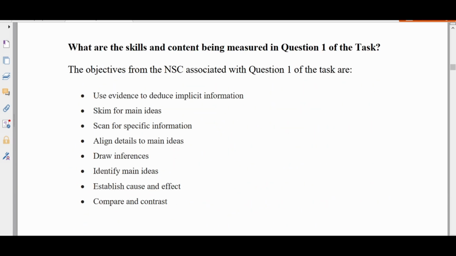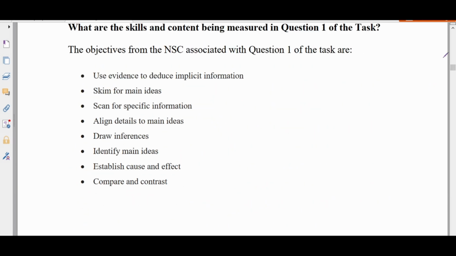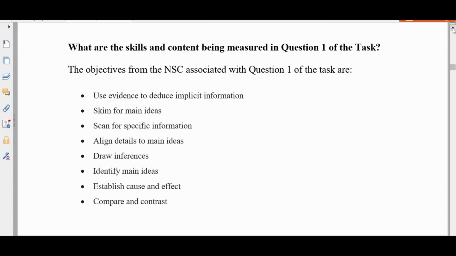Now, here is a list that we must pay very keen attention to. It says, what are the skills and content measured in question 1 of the task? The objectives from the NSC, that is the National Standards Curriculum, upon which this is based, associated with question 1 are as follows.